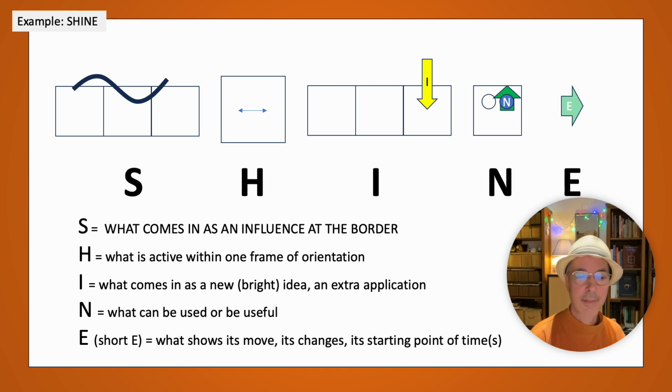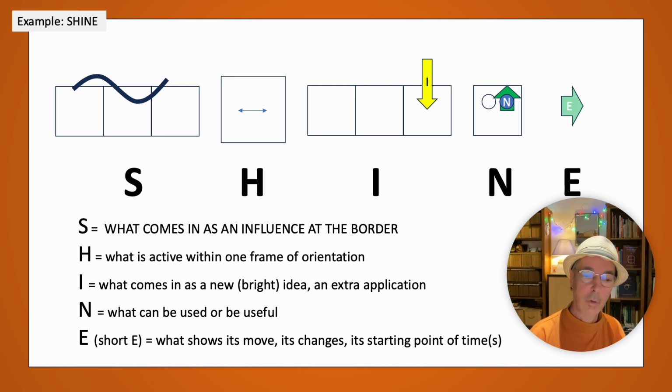The H is that which is active within one frame of our orientation. This frame is as large as the activity can hold together. The I is all that comes in as the new, let's say, bright idea, as an extra application that we can use, and we can use that everywhere.